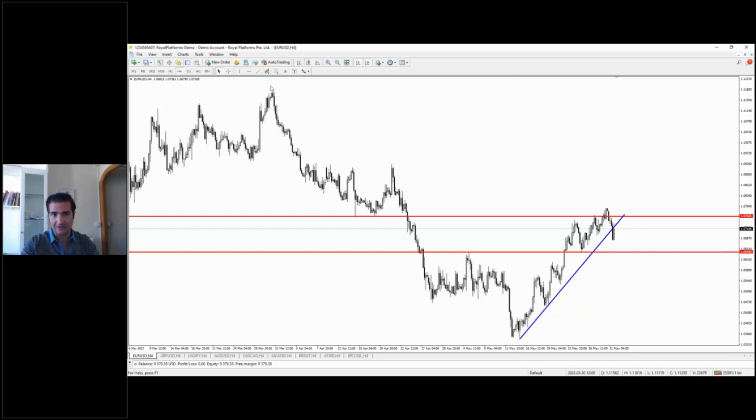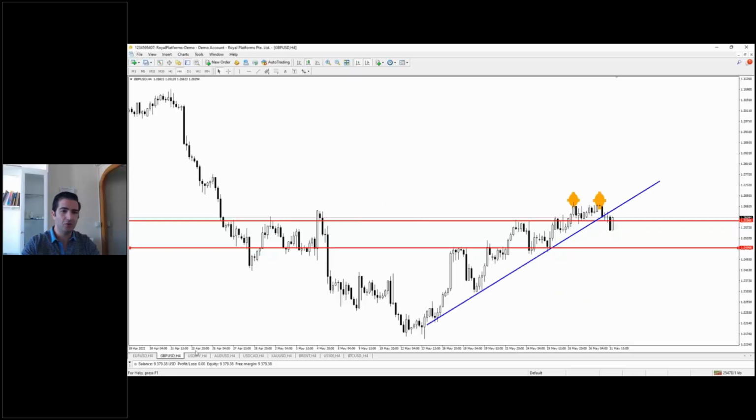Okay, so we have a break of this big trend line here, which is good. So the market was moving to the upside, but now we are in a sideways movement. So the market could retest this area here after a few hours or after a few days from now. So 1.0640 could be seen for the EURUSD.